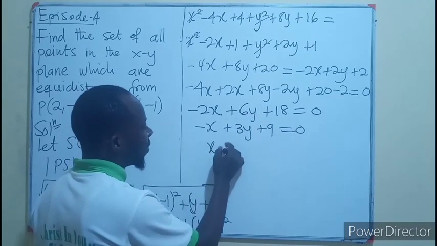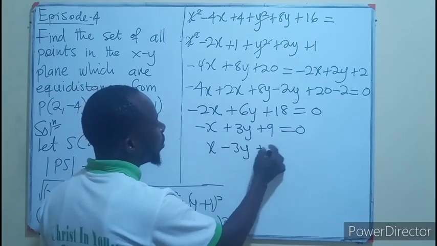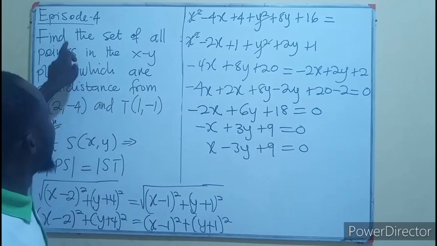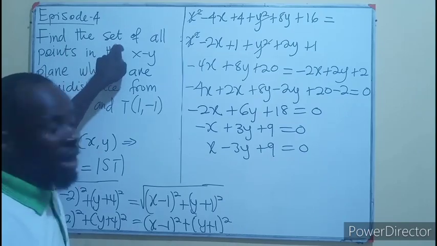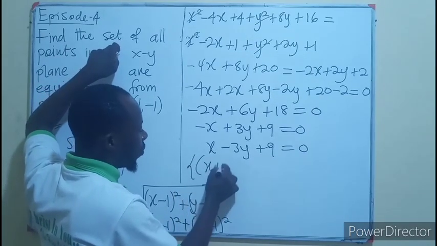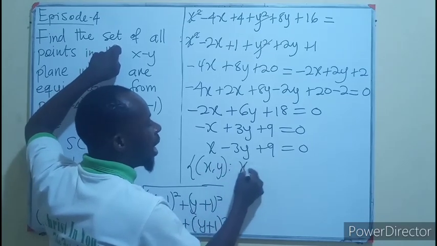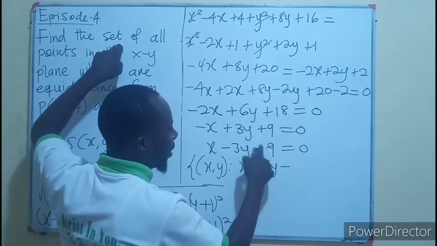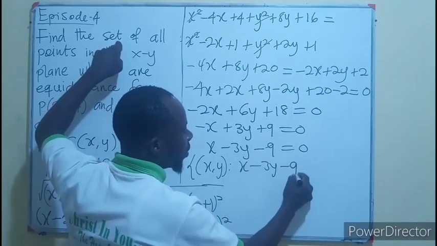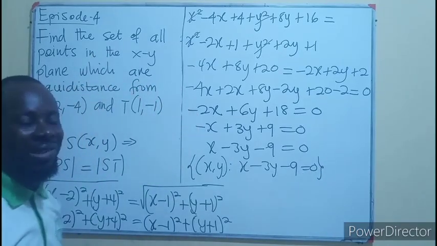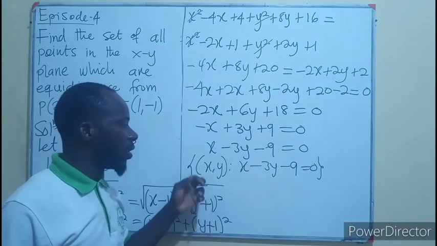That gives me x minus 3y minus 9 equals 0. We are looking for the set of all the points, so our set will be the set of (x, y) such that x minus 3y, I think this will be minus 9 since you are multiplying by a negative, equals 0.